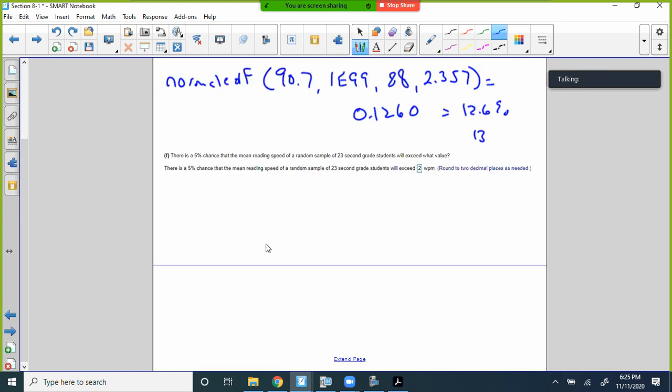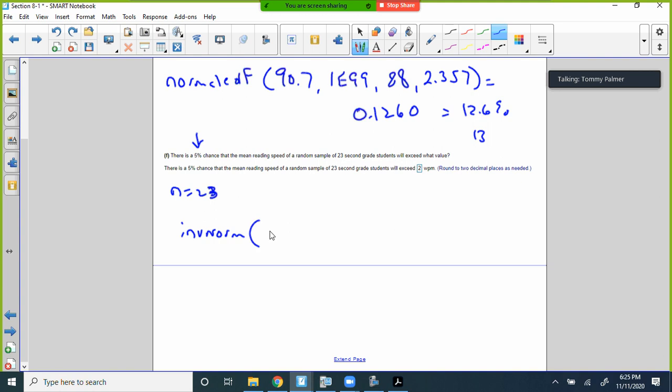So let's look at this. Our N is 23. We've got to look at our P and Q, because this 5% chance is actually an area. So we're going to do what's called an inverse norm, I think it's number 3.